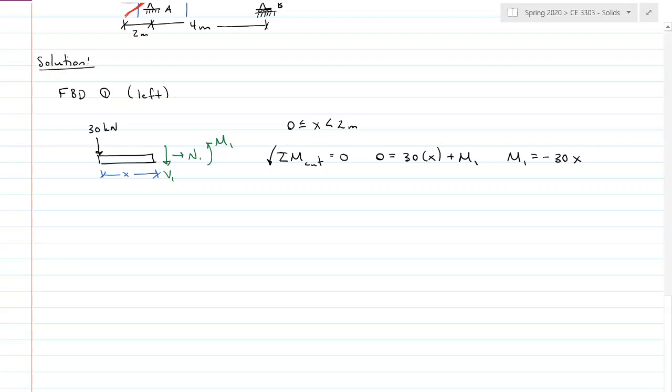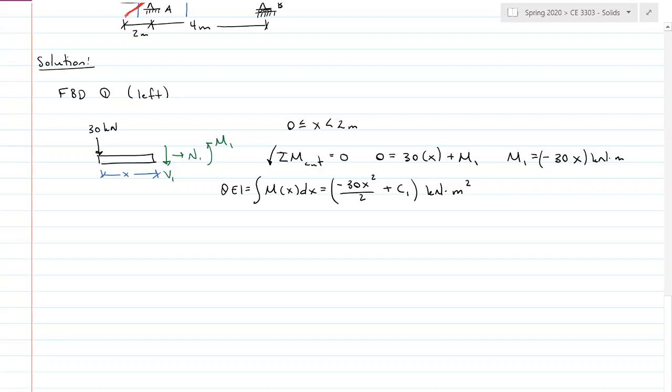And then my slope, EI, is equal to the integral of the moment, M dx, which is going to be negative 30x squared divided by 2 plus a constant of integration. And I'm not putting units on here, but that's going to be in kilonewton meters, which means this one is going to be in kilonewton meters squared.